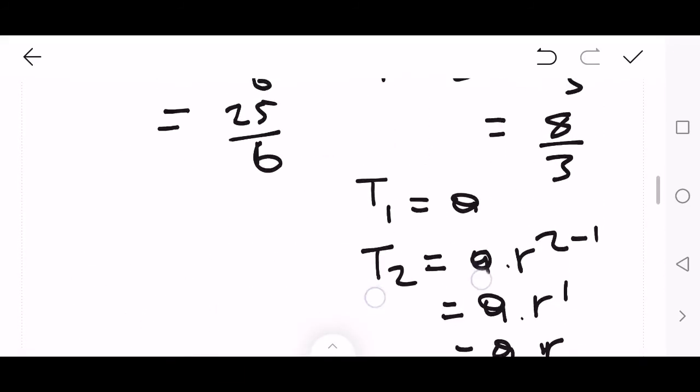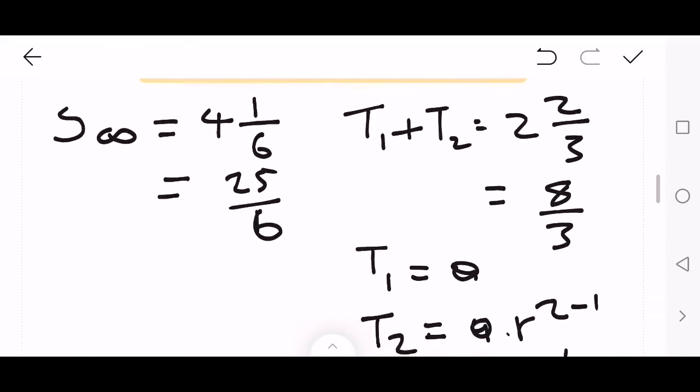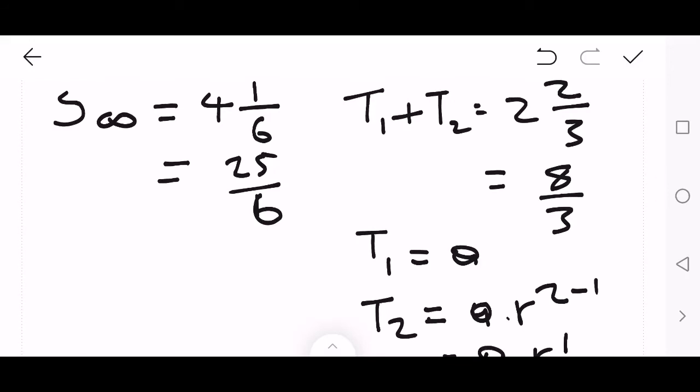Now let us look at this equation here as s to infinity.